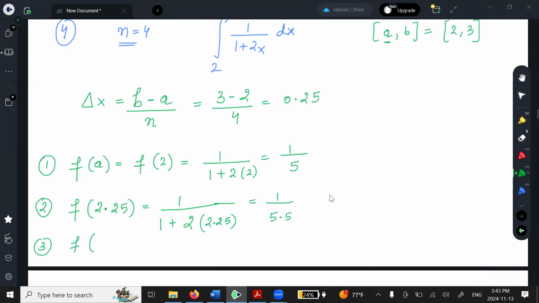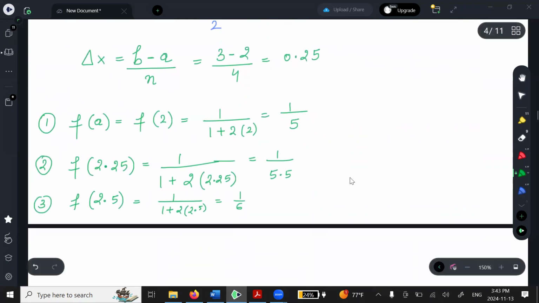What do you get? 2.5. Replace x with 2.5 in your function. What do you get? Well, because we have n equals 4, we have to do one more. Add 0.25 to the last guy. What do you get?